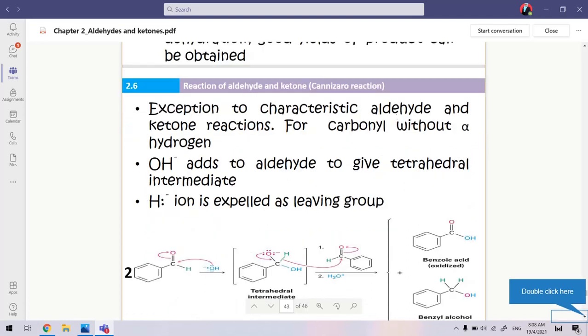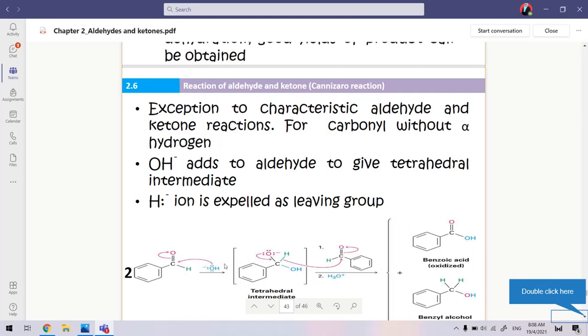And for the Cannizzaro reaction, it is an exception to the characteristic aldehyde and ketone reactions, for carbonyl without alpha hydrogen. OH minus, or we call it hydroxyl ion, adds to the aldehyde here to give a tetrahedral intermediate.